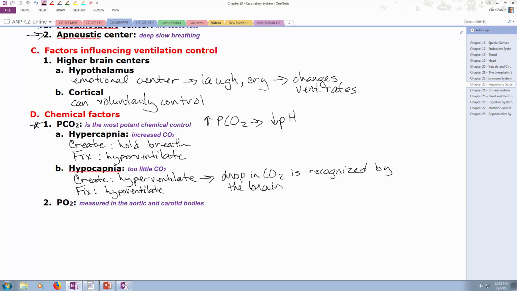So if you're flushing too much CO2 out, what would the brain's vessels want to do to stop flushing out all that CO2 too fast? They vasoconstrict. Absolutely. So the brain's blood vessels vasoconstrict. And this vasoconstriction causes dizziness and even fainting.